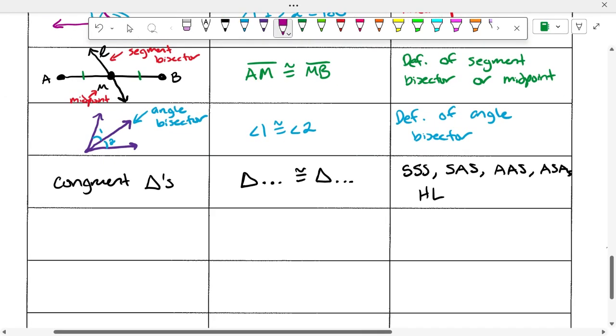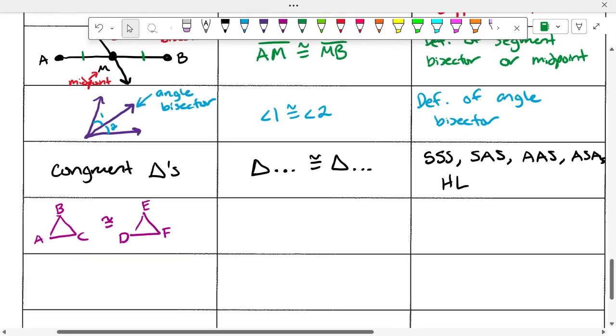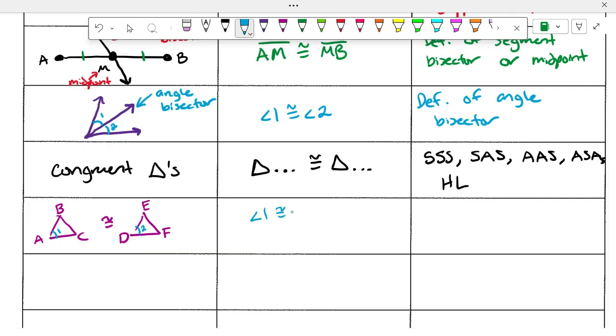And then once you prove congruent triangles, so let's say we already proved that these two triangles are congruent. Let's say ABC is congruent, boys, to DEF. I can then say that angle 1 and angle 2 are congruent. I can also say that BC is congruent to EF.